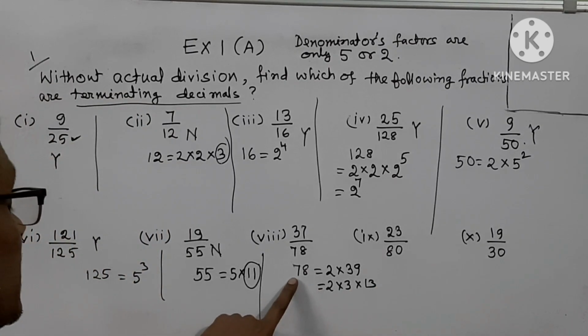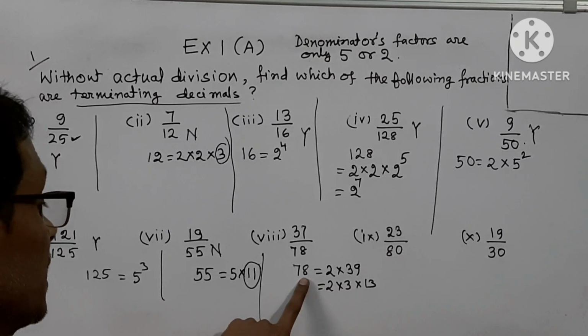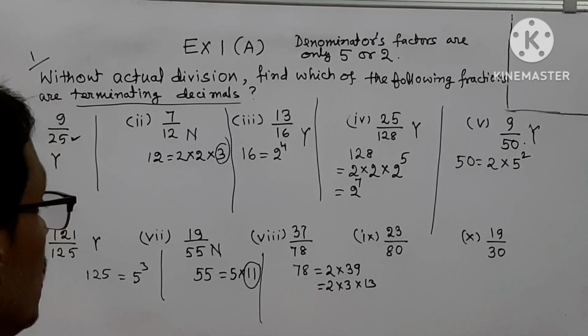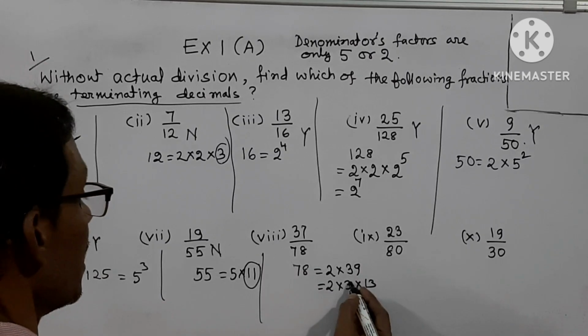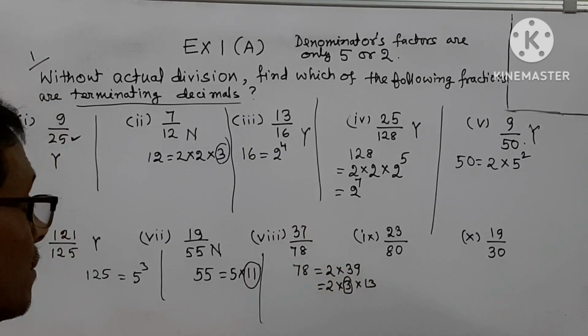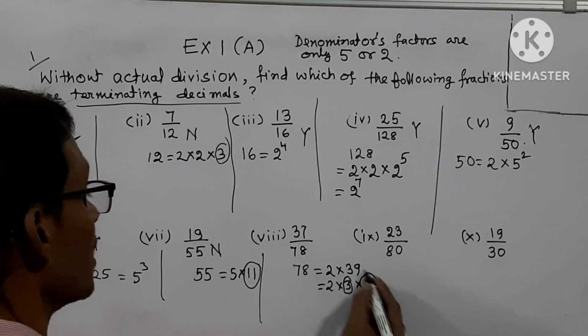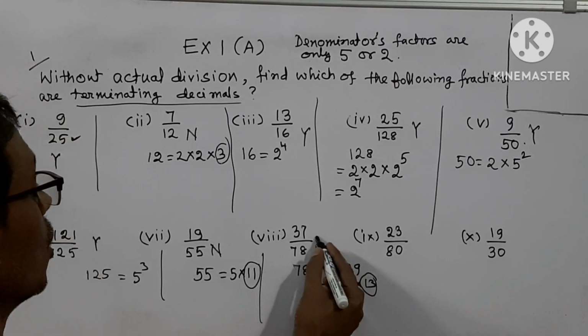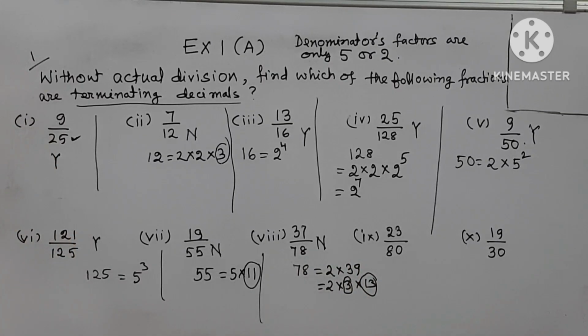That means 78's factors are 2, 3 and 13. So neither 3 is desirable nor 13 is desirable. So this is definitely not going to terminate if you divide.